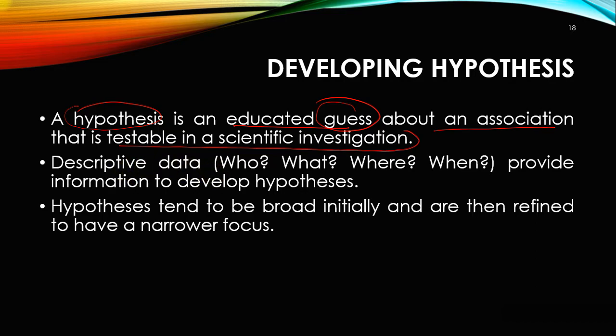So descriptive data, that is who, what, where and when, provides information to develop the hypothesis. Hypotheses tend to be broad initially and are then refined to have a narrower focus. So initially when we develop the hypothesis, it has a very broad scope, but as we refine it going forward, the focus becomes very narrow in nature.